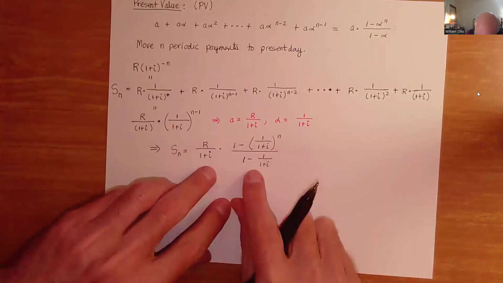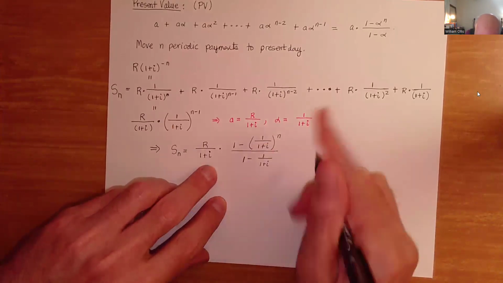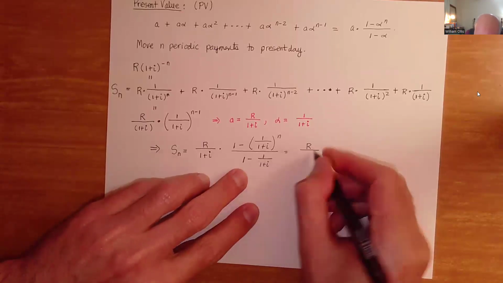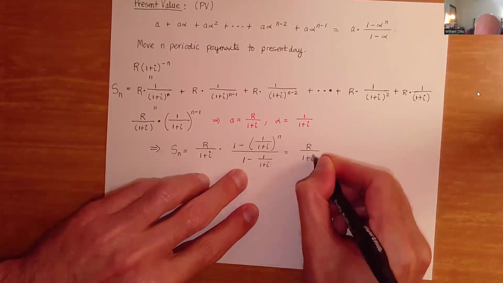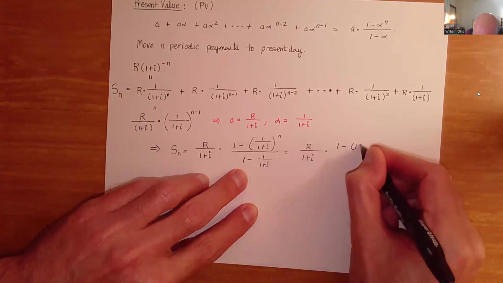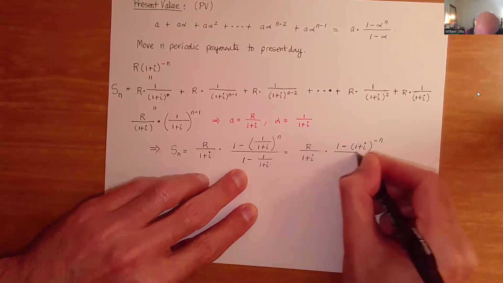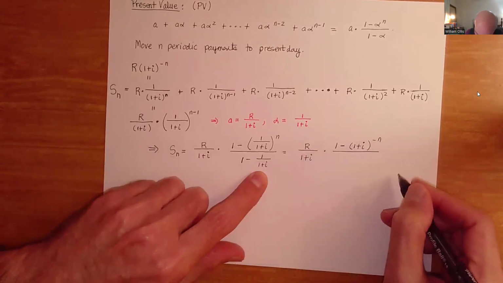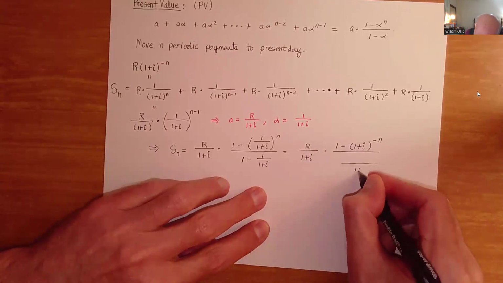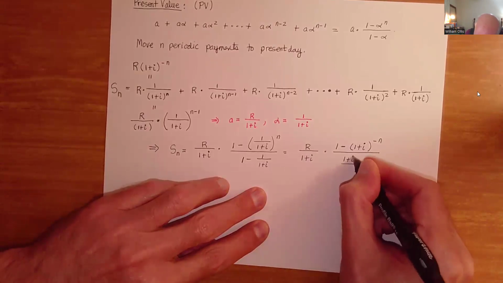So now we can go ahead and introduce the negative power for this. Just go ahead and reciprocate it and get a common denominator here. And we'll actually get a formula that looks very much like the last one. So here we have 1 minus 1 plus I to the negative n. And then downstairs, we just want a common denominator, which will absorb here. So we have 1 plus I, so we have 1 plus I minus 1.